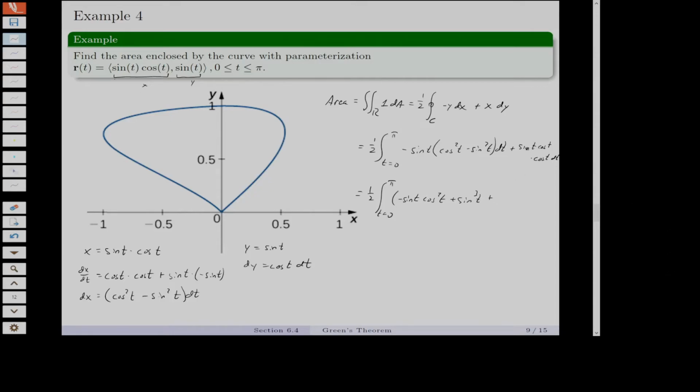And then my last term is sine of t times cosine squared t. Now if I look at this, the first term, negative sine t cosine squared t, and then a positive sine t cosine squared t, those just add to 0. So what I'm integrating is just sine cubed t.